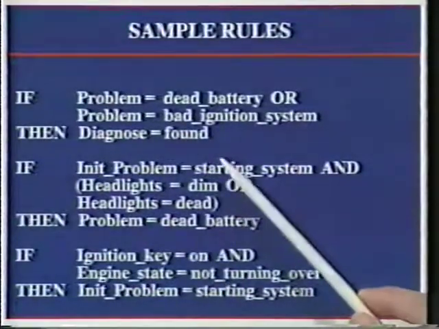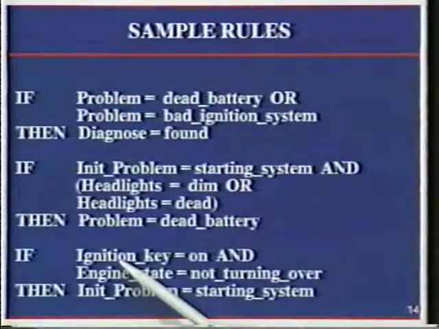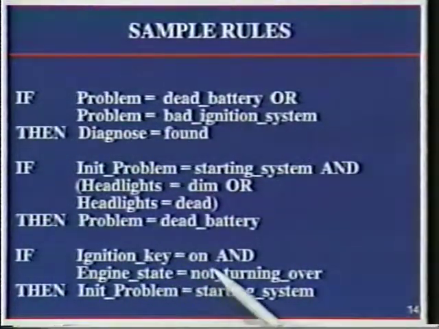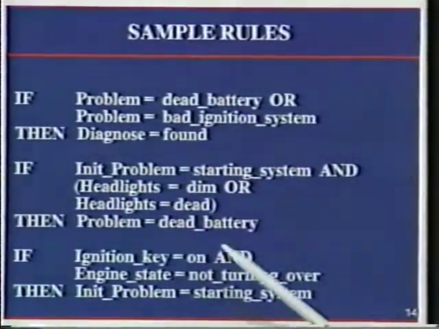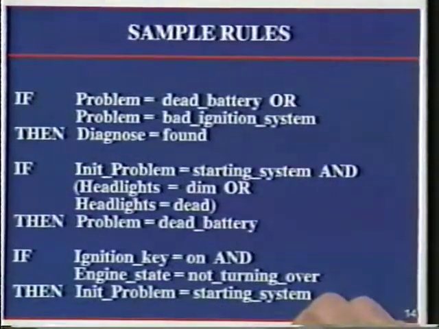And how do you determine whether the problem is with the init starting system? We can determine it using the following rule. If the ignition key is on and the engine state is not turning over, then the init problem is equivalent to starting system. Now assuming that our knowledge base has these three rules.